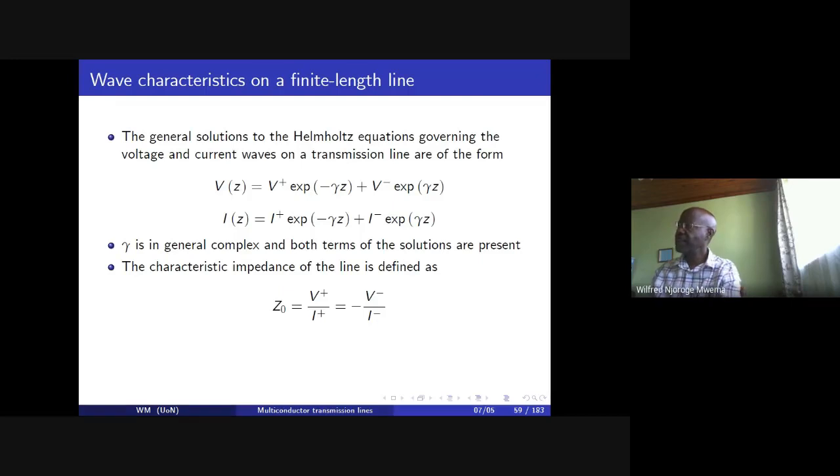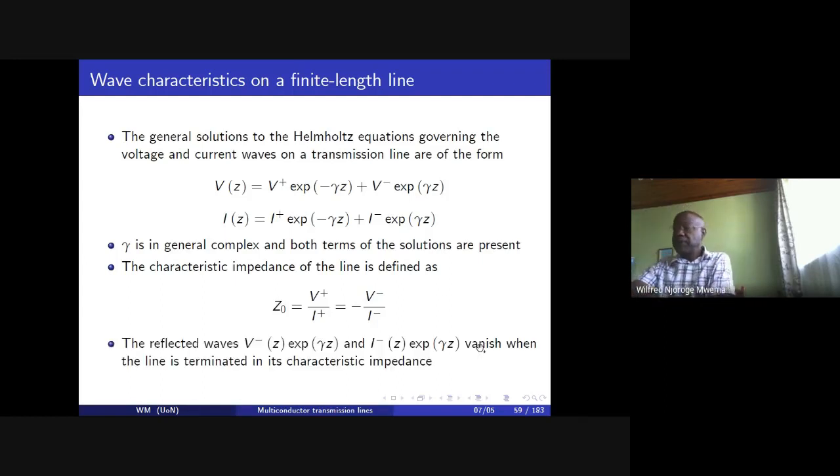And therefore, we'll see that for it to be a positive characteristic impedance, we must multiply by a minus sign when we are dealing with the reflected waves. This is something you can recall also when we were looking at the fields, that is the E field and the magnetic field intensity H in the last semester. The intrinsic impedance was also multiplied by minus when we were dealing with the current, so to speak.